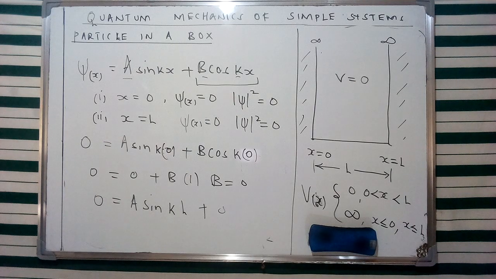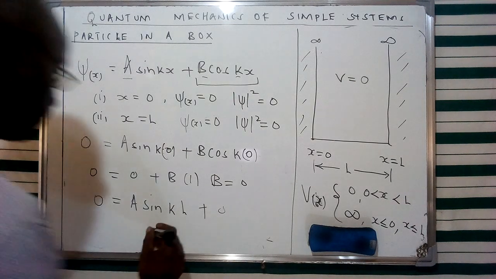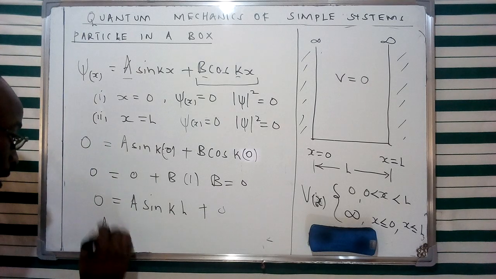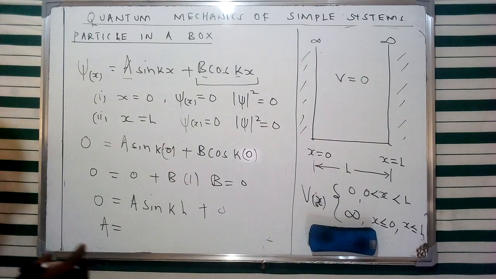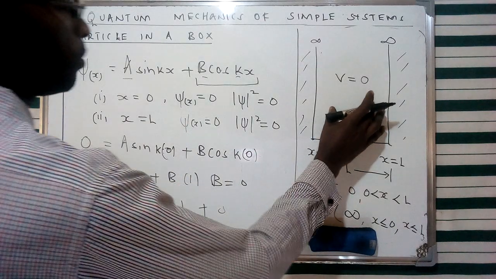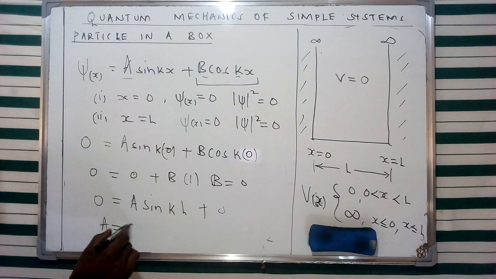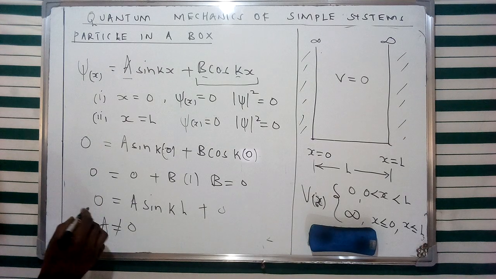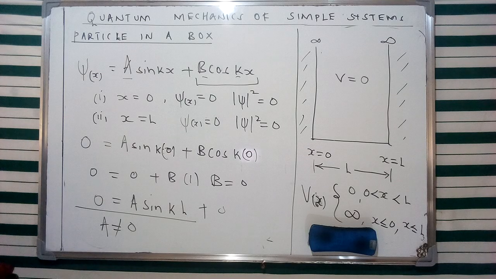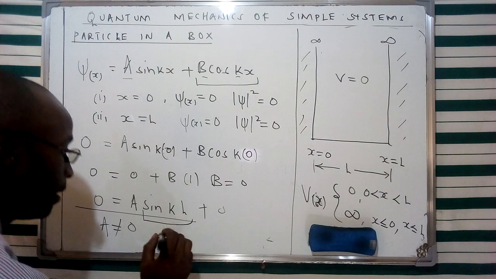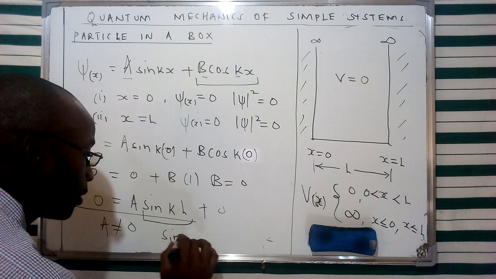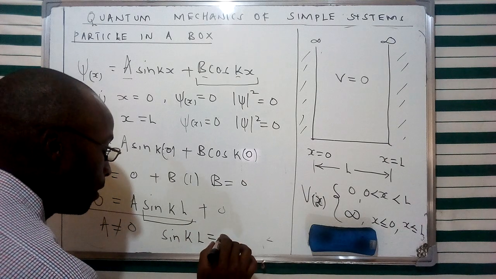And in this case, we had said that for the particle to be existing within this specific box, or for the probability of a particle to be found within this box, the value of A is not equivalent to 0. Therefore, for us to satisfy the condition for this equation, the sine of kL is the part which is going to give us this value of 0.